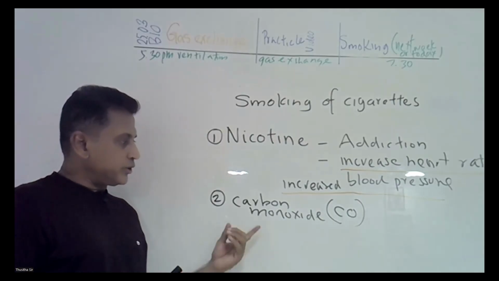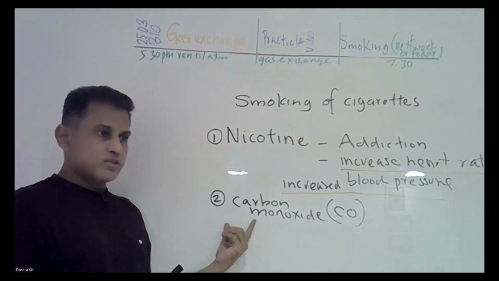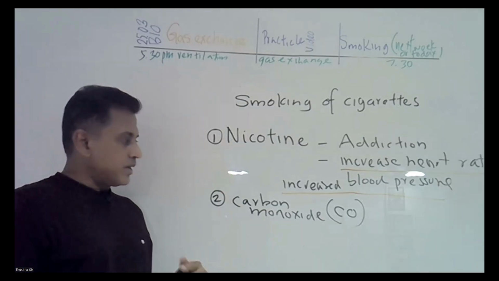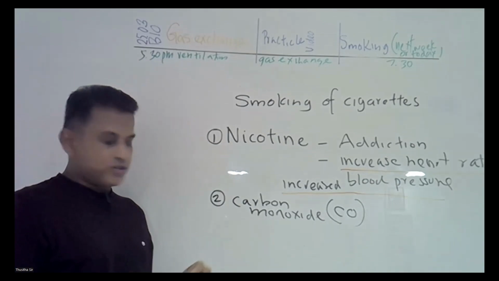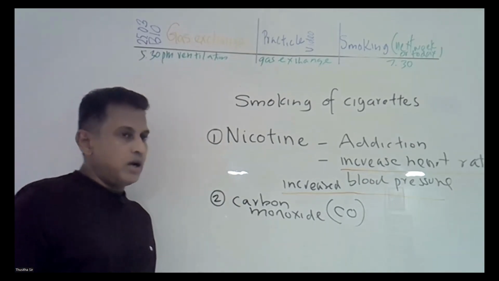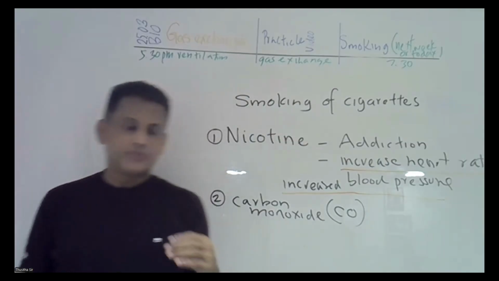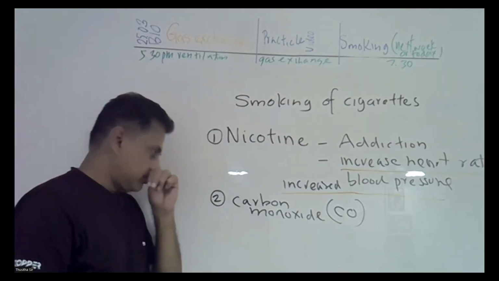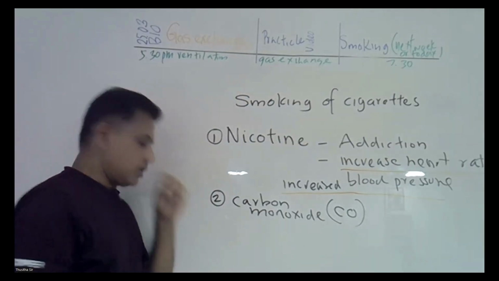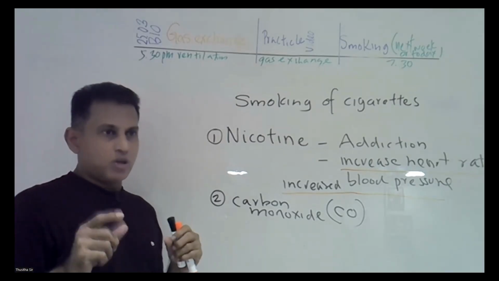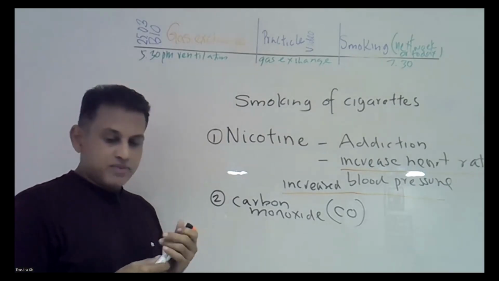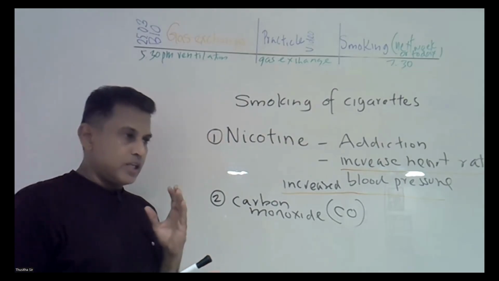I think you know what is a harm of the carbon monoxide. Yes, carbon monoxide harm is related to the function of hemoglobin. So what is the function of hemoglobin?